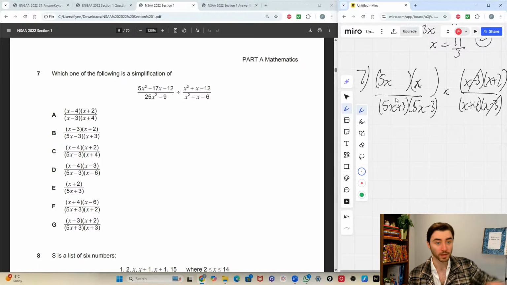I expect it either to be plus 3 or minus 3. So I'm targeting minus 60, and that would be minus 20 plus 3. So plus 3, and the minus 20 is going to come from that. So those cancel. And it's going to be x minus 4, x plus 2, all over 5x minus 3, x plus 4.